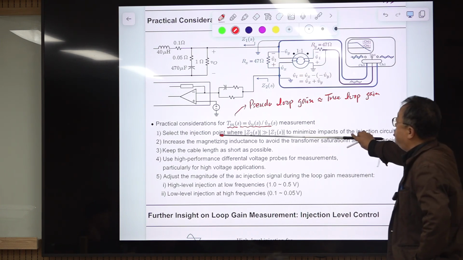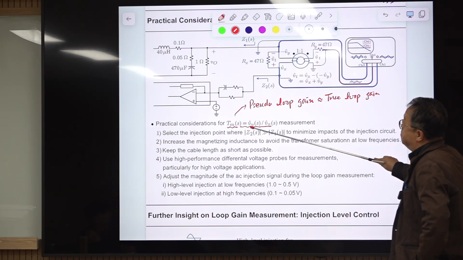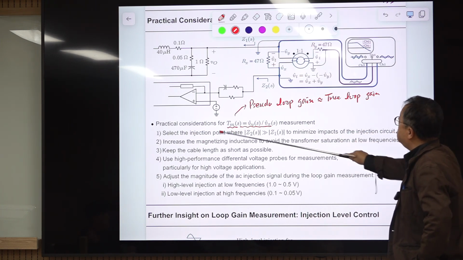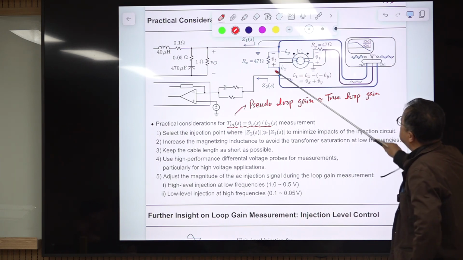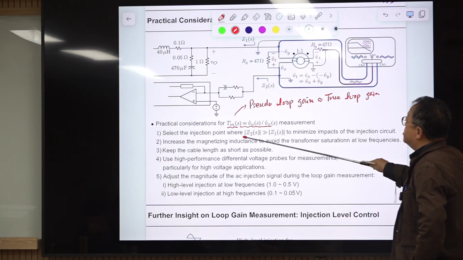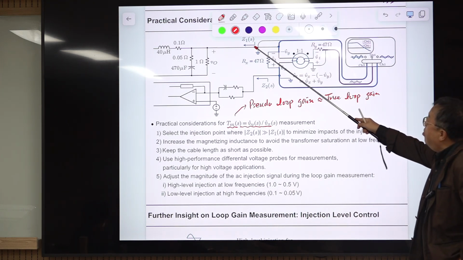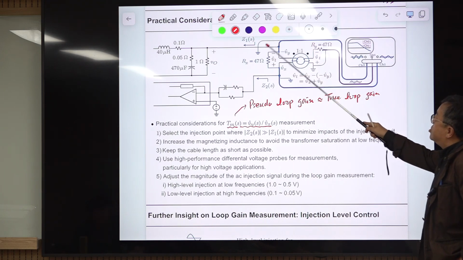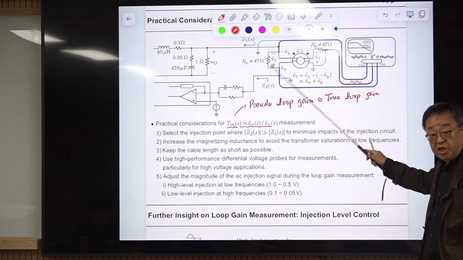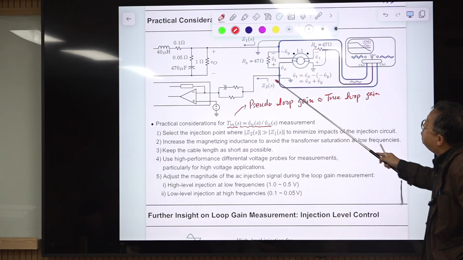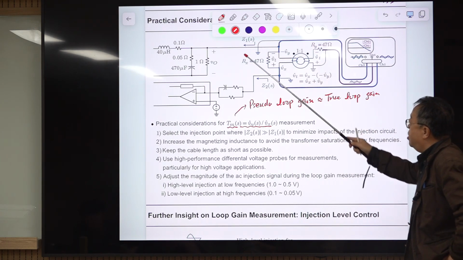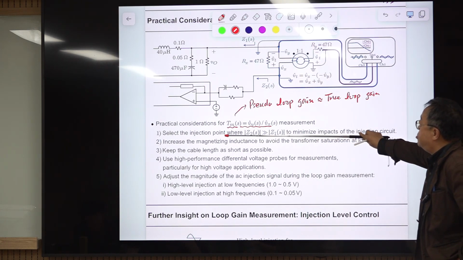So this should be the point: select the injection point, the injection circuit, where this condition is satisfied. One ideal location is the output of the converter and the input of the voltage feedback circuit here. Then this impedance is much larger than this one, so the condition is satisfied.